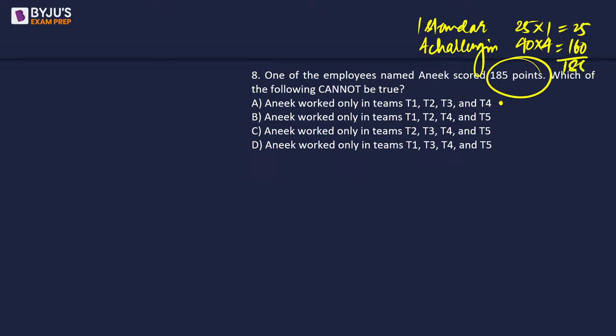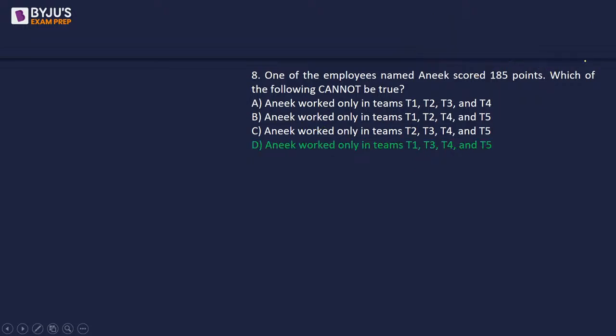So 185 happens only then. So when he does this, T2 is a miss. So 4 challenging is not possible because he won't be the guy who gets shifted down one by one. So D becomes your answer.